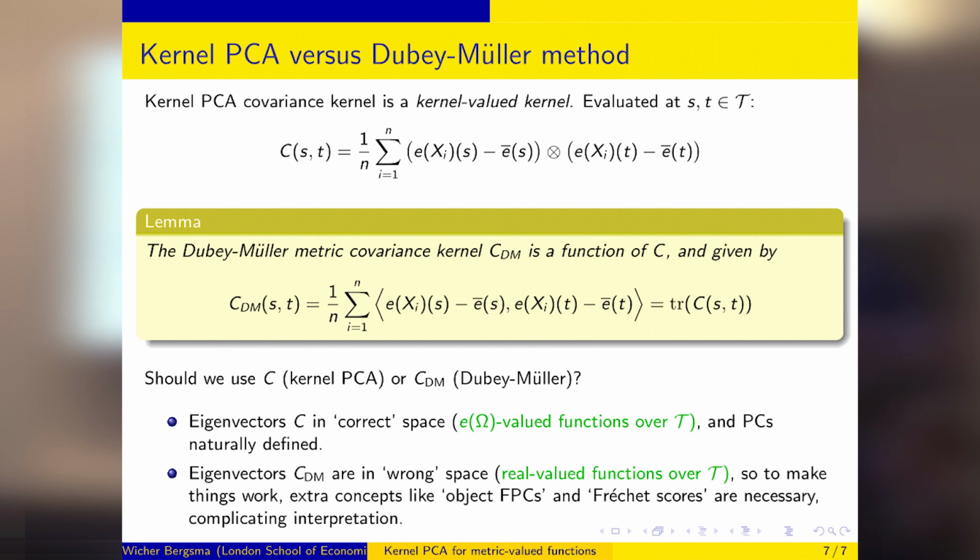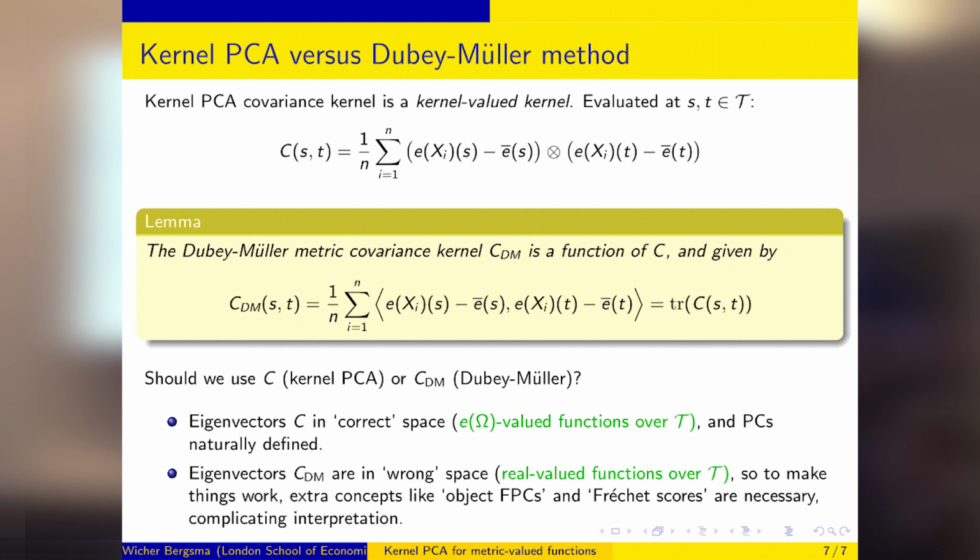So the eigenvectors of C are metric valued, embedded metric valued functions, and principal components are naturally defined.